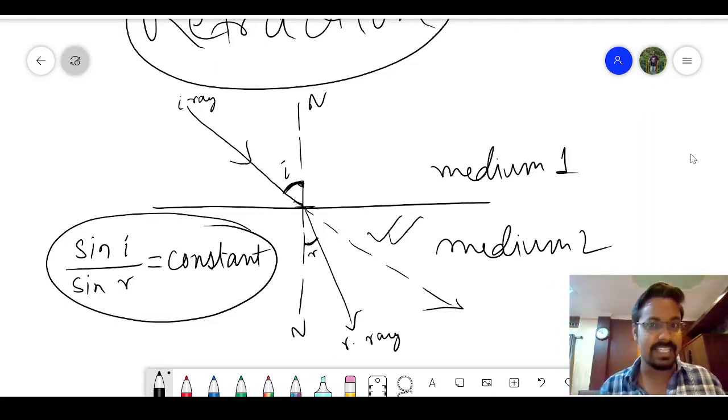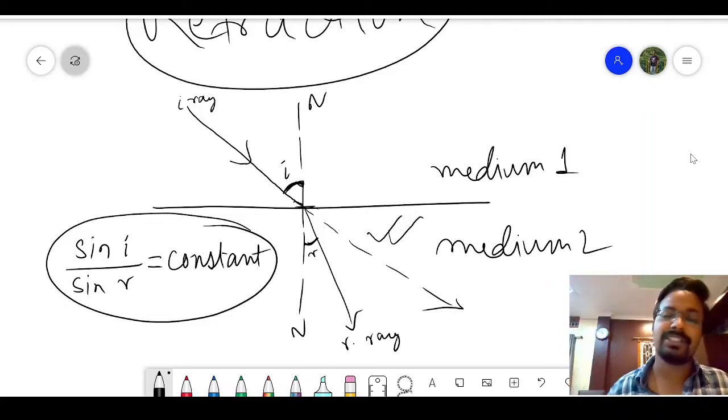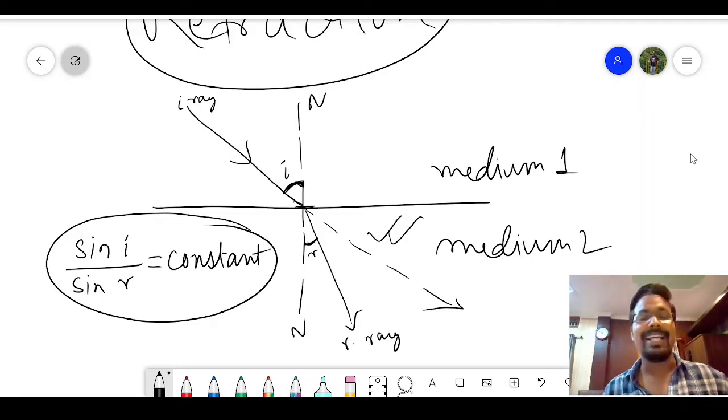If the density changes, then everything else changes. So keeping the density constant means that mustard oil's density will not change, the density of air will not change. If these two densities remain constant, then in any situation this value sin I by sin R will always remain constant.